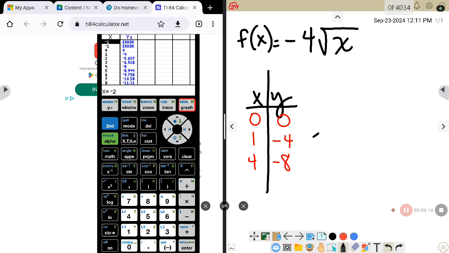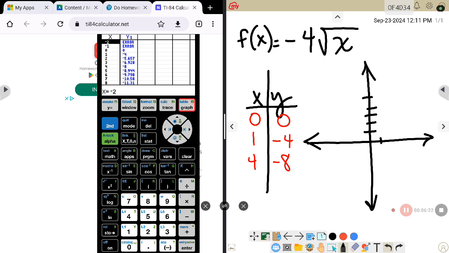So you'll notice that when you plot those points, again, it starts at 0, 0, to the right 1 and down 4, and then to the right 4 and down 8.